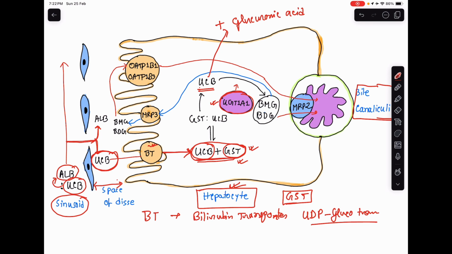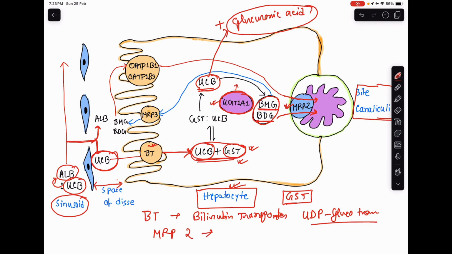Now, this enzyme catalyzes the conjugation reaction of unconjugated bilirubin and glucuronic acid, which ultimately forms bilirubin monoglucuronide and bilirubin diglucuronide. What happens to these molecules? They get transported into the bile through the canalicular membrane protein MRP2.